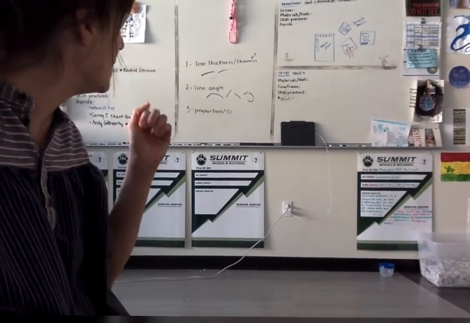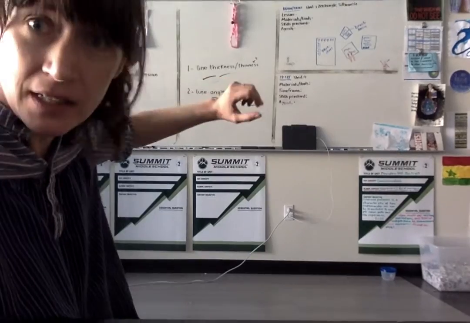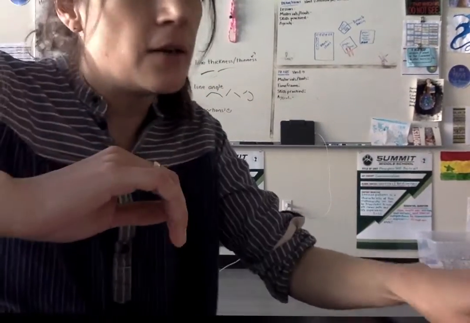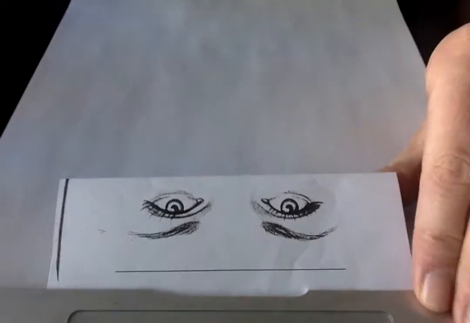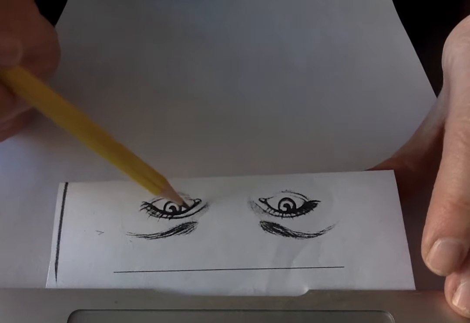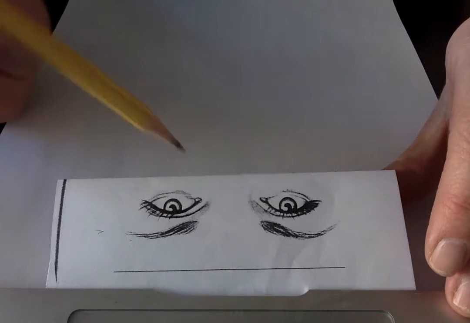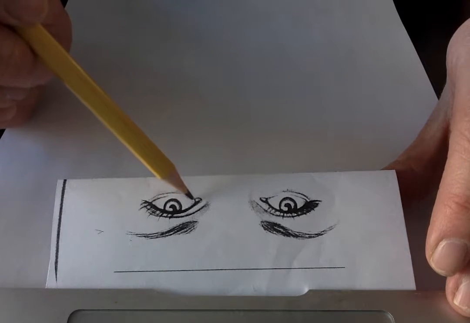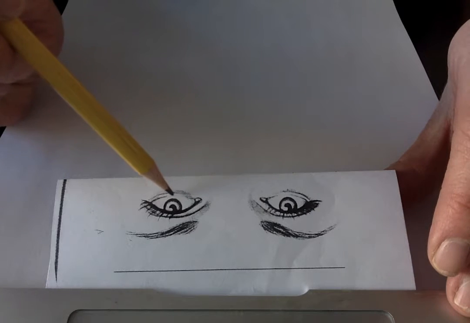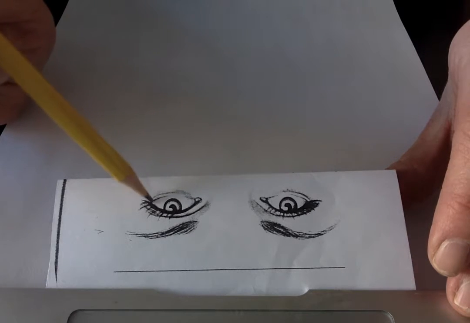The first step is I want you to make observations about the thickness or thinness of the line. For instance, the top of this eye, which is on the bottom to you right now, is a thick line versus the bottom, which is a very thin, almost blurred line that's actually broken. There's no line right there, and then it's again thin and blurred.